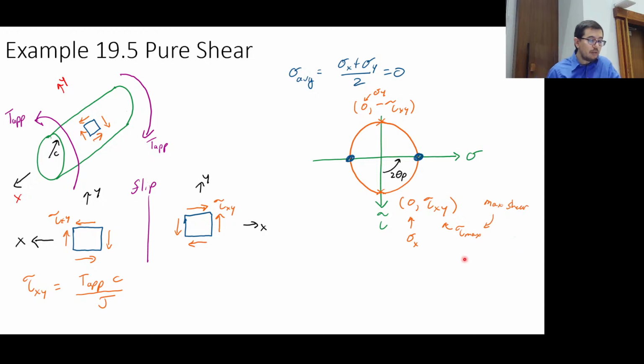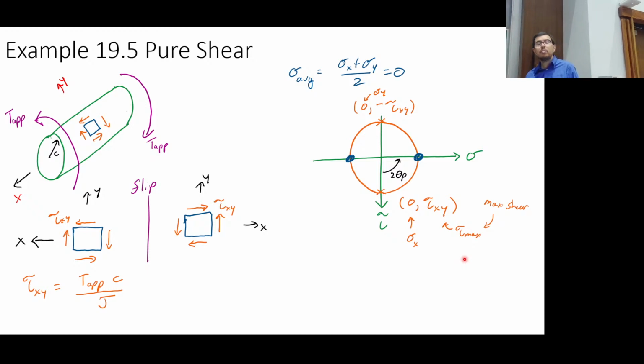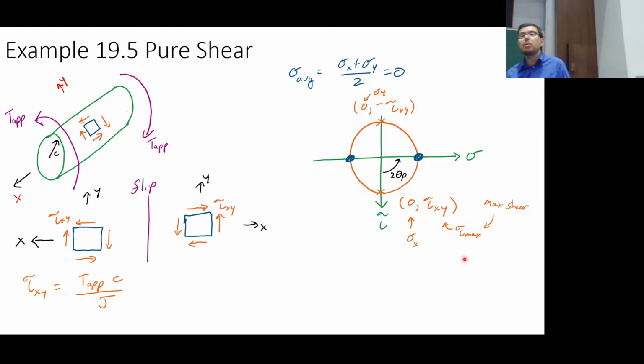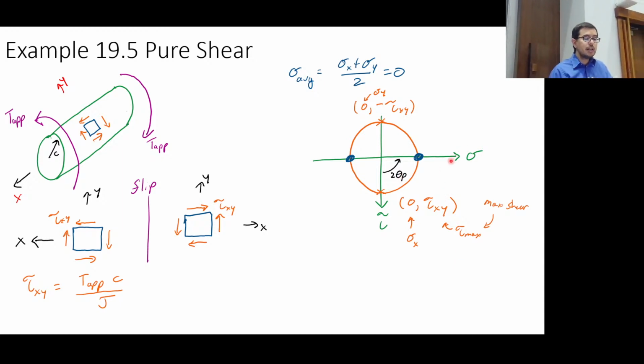Okay? Now, what does the state of principal stress look like? Well, we rotate 90 degrees on Mohr's circle to get to the horizontals. And so, look, sigma x prime is going to be positive. What is it going to be? It's going to be the same thing as tau max was, right?